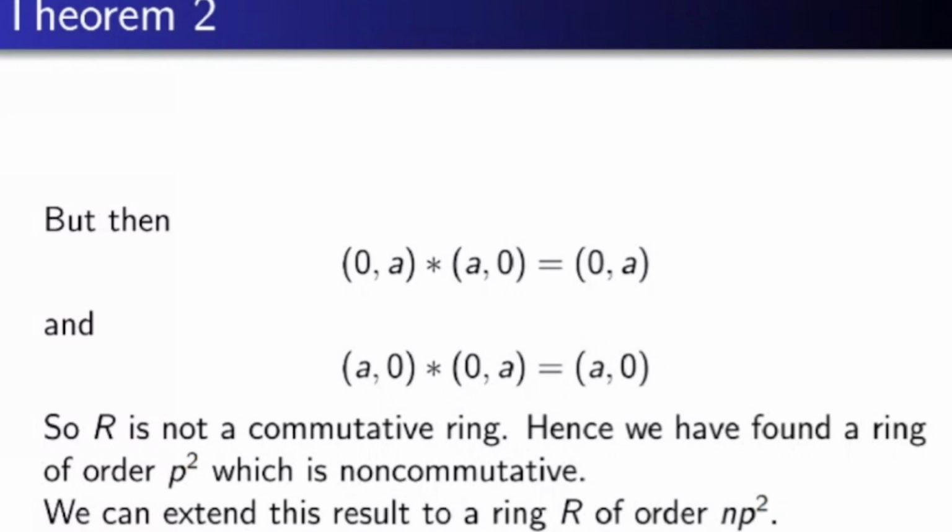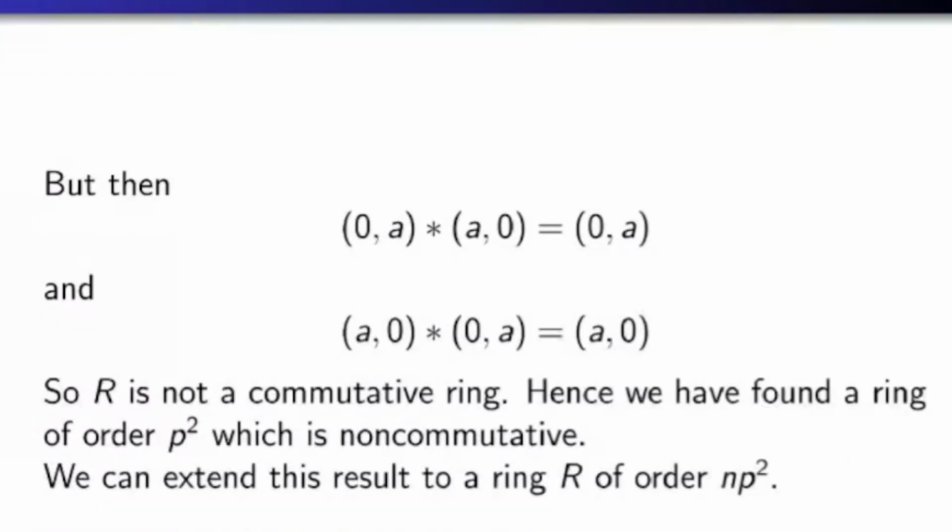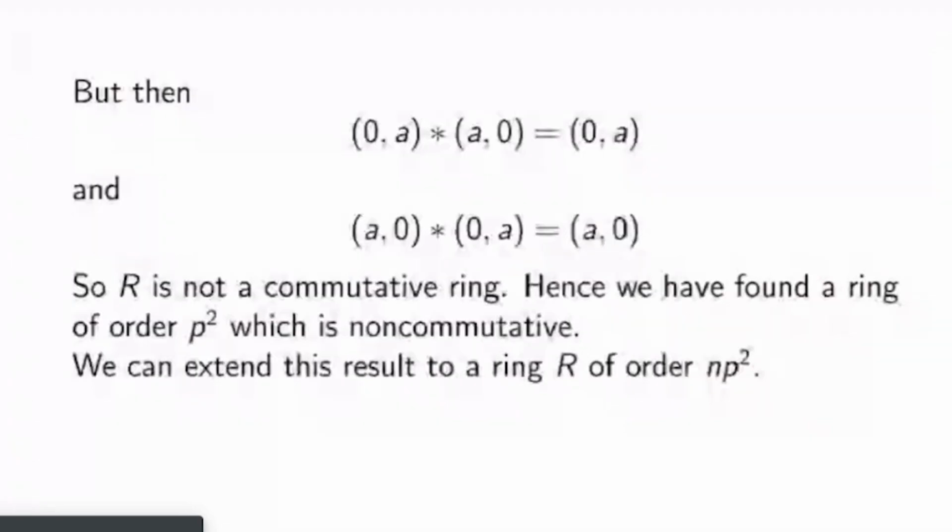Clearly, the two elements do not commute with each other, and therefore R is not a commutative ring. And so we have found a ring of order p square which is not commutative. The order of the ring was p square, which means that n is not a square free integer.